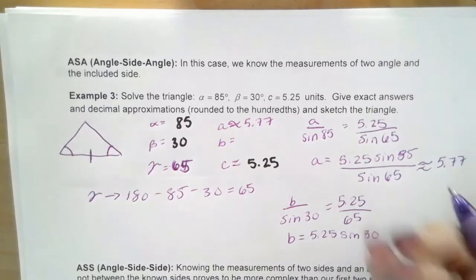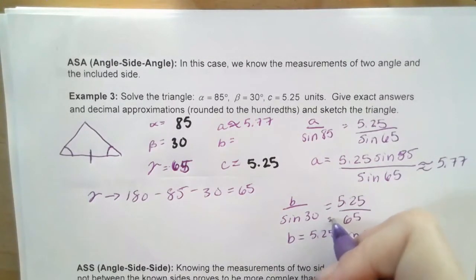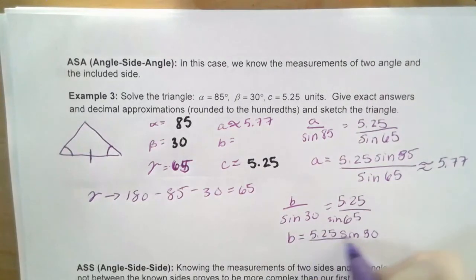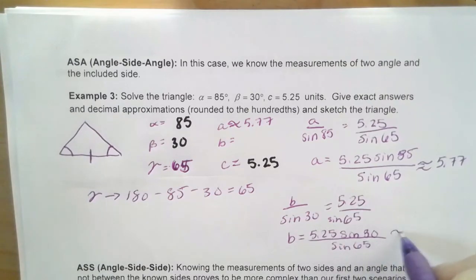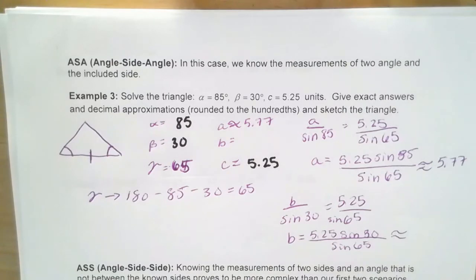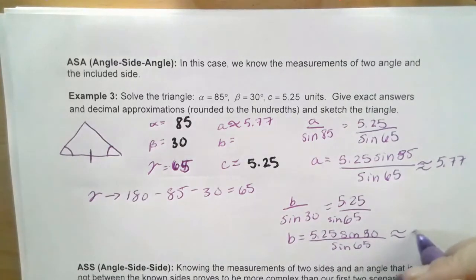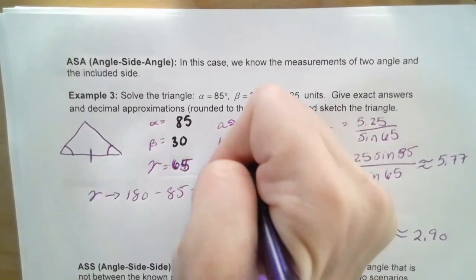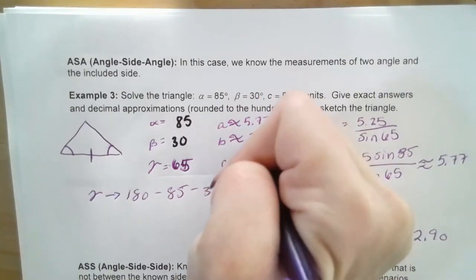What needs to go with that 65 there? Remember, it's an angle, so you have to put sine with it. That is a common mistake. When I put this in the calculator, we get 2.90.